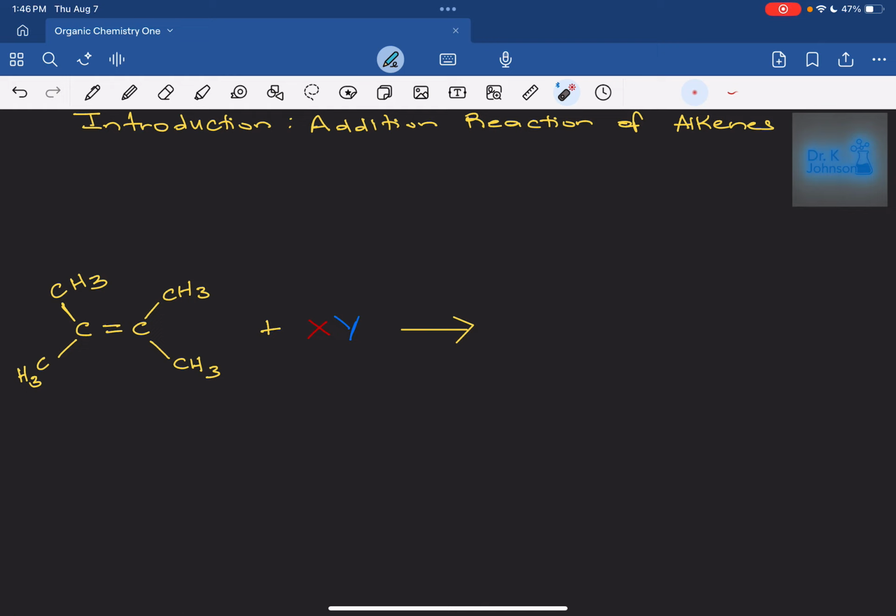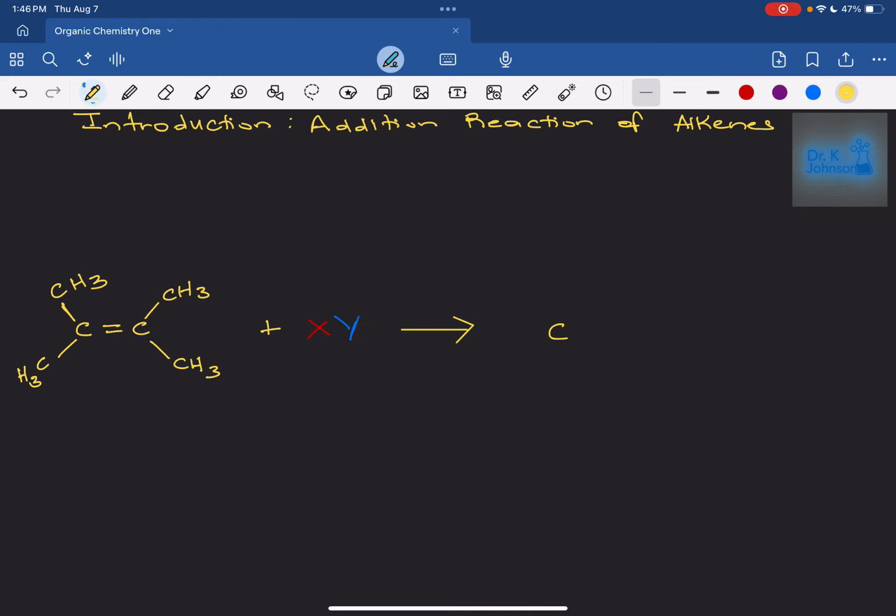So alkenes, they will undergo addition reaction. It's considered addition because two groups will add to the carbons of the carbon-carbon double bond, right? Your double bond will break, leaving you with a carbon-carbon single bond, which is what we need. So let's say I'm reacting this alkene with X and Y, right?